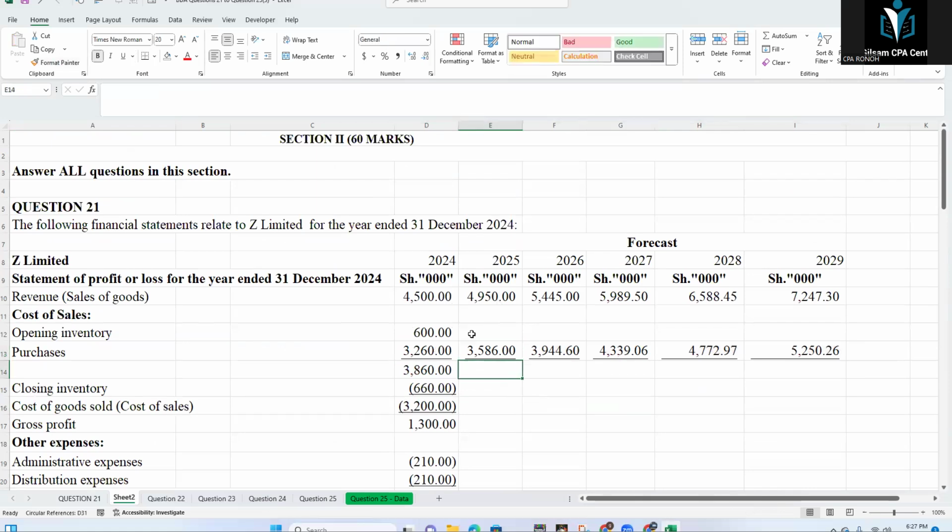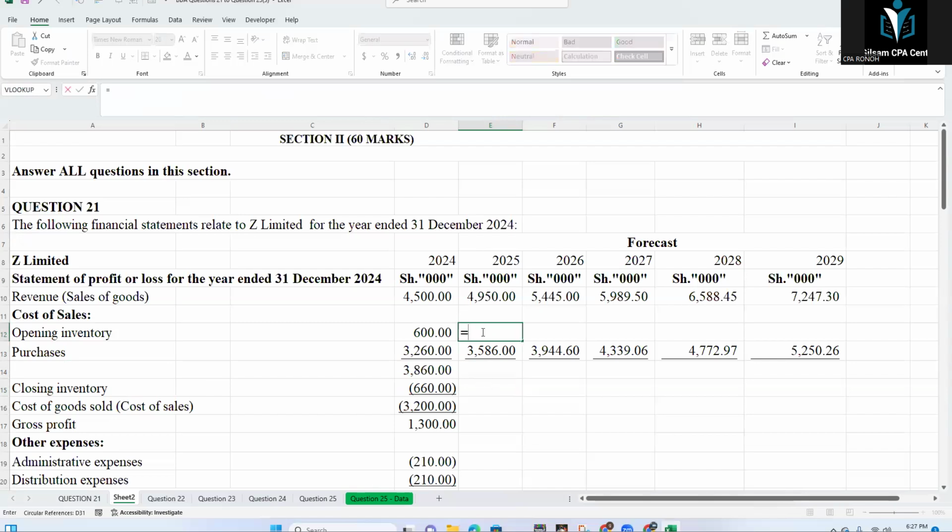Now, opening stocks, we have it here. Closing stocks here is the opening stocks here. Closing stocks for 2024 is the opening stock for 2025. That's what we know as accountants. So I will equate here.